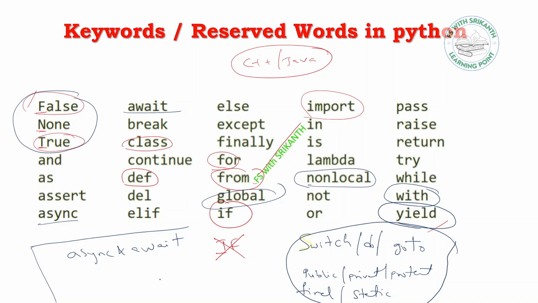But in Python they use try, except, raise, and finally. These keyword names, definitely you should know. If you have a clear idea about all these keywords, this will be a very good asset to you, right? So definitely you should be aware of all these keywords.